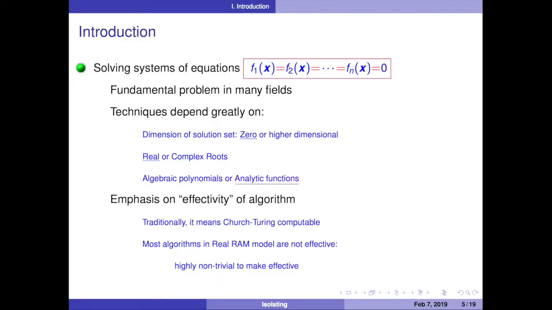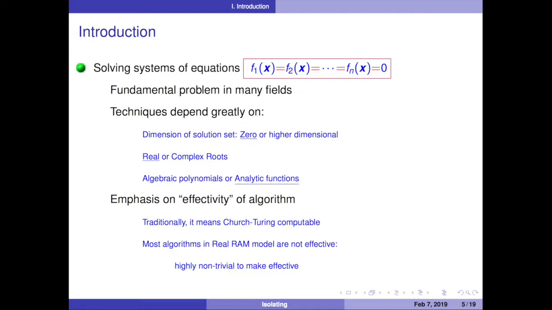This is a very classical problem of solving systems of equations, say f1 to fn in n variables, x1 to xn. So it's a square system. The techniques that you use to solve such a system depend greatly on, first of all, whether you're talking about a zero-dimensional system, and we are.